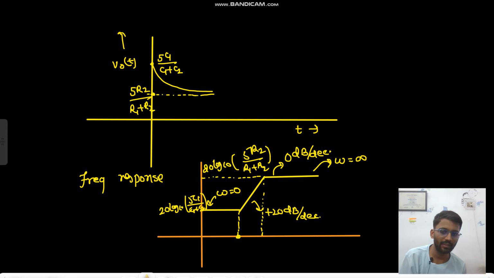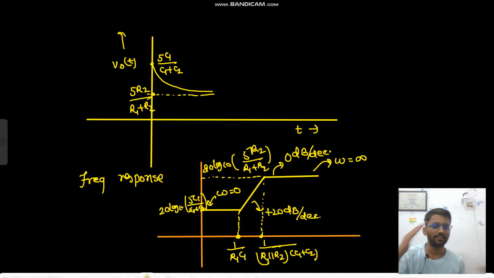Where was the 0? The 0 was at 1 upon R1 C1, and then we had this pole at 1 upon R1 parallel R2 into C1 plus C2. First it goes up. I hope you have understood this concept. So it has to go up.